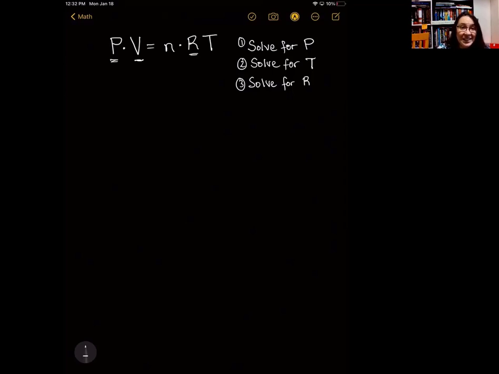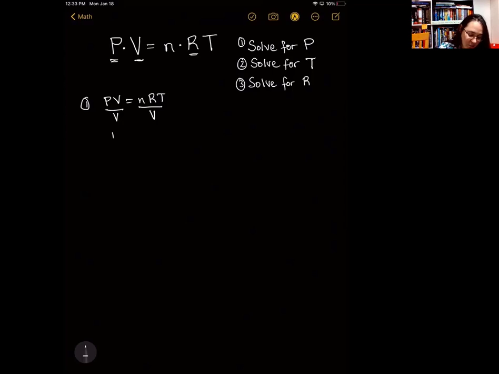Next, let's go ahead and work. So I want to isolate, meaning I want that to be the only variable, P, if I'm trying to solve the first version of this problem. So I look at P and I notice that the operation that links P to other variables on the left-hand side is multiplication. So to solve this problem, I'm going to divide both sides of my equation, PV equals nRT, by V. So I'm dividing by the volume that it takes up.